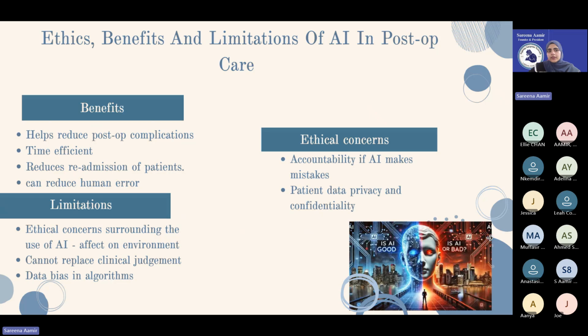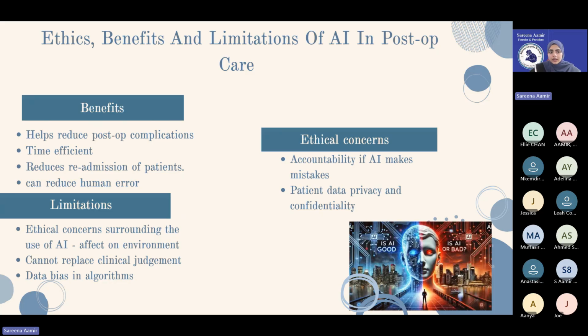So some benefits, ethics, and limitations of AI being used in healthcare. It can help reduce post-operative complications and the effects of those complications if they do arise. It's more time efficient because not every surgeon can go around continuously monitoring every patient they've ever worked on.